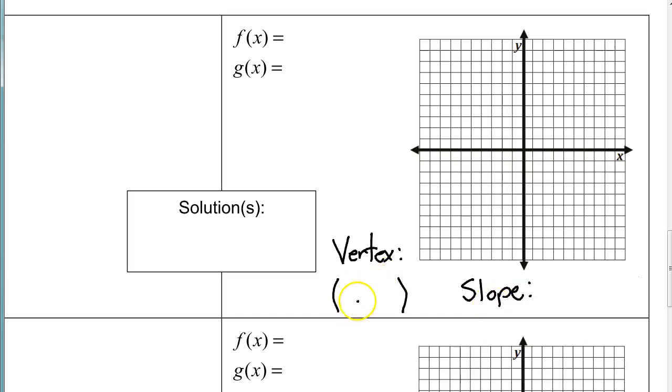So for this one, let's try, how about -5, -3. And for the slope, I'm going to pick about 4/3. So we'll do one with a fraction.